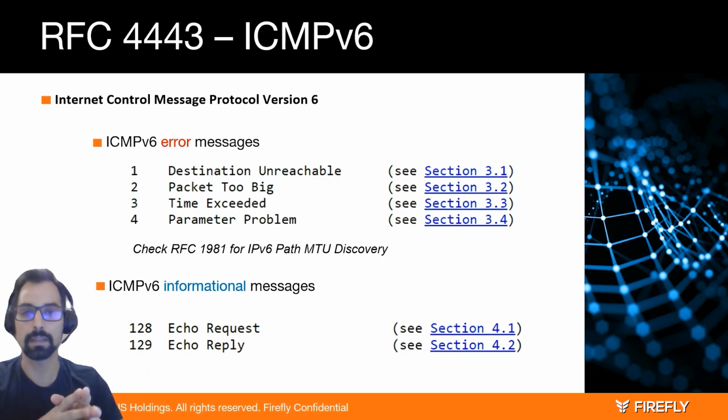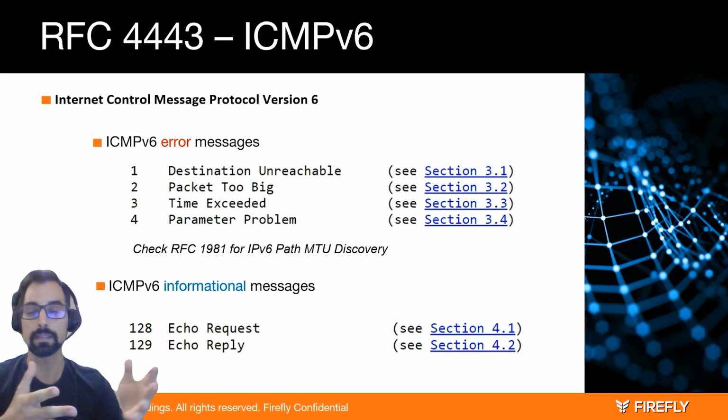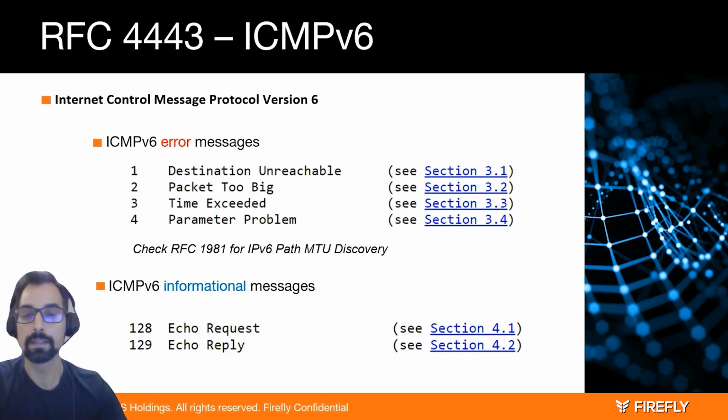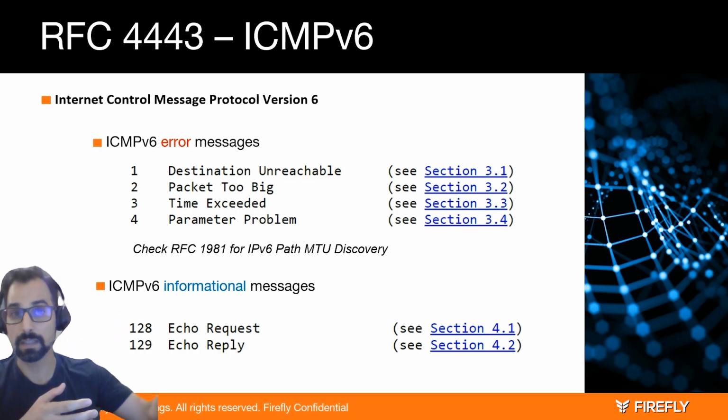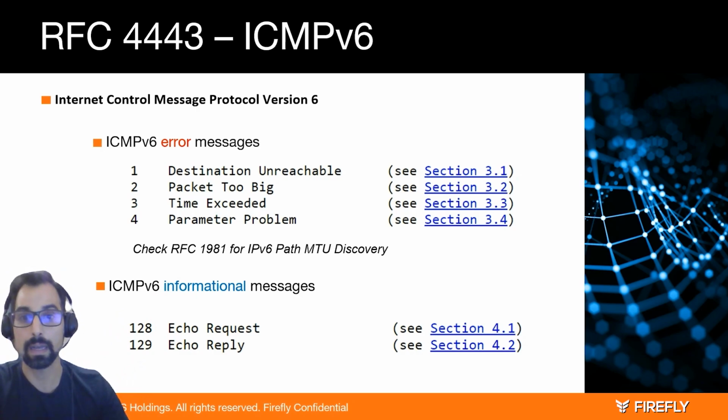This is very familiar for everybody, as it's very similar to IPv4. So we have error messages such as destination unreachable, packet too big when it exceeds the MTU, time exceeded when we exceed the hop count for the packet, and parameter problem.